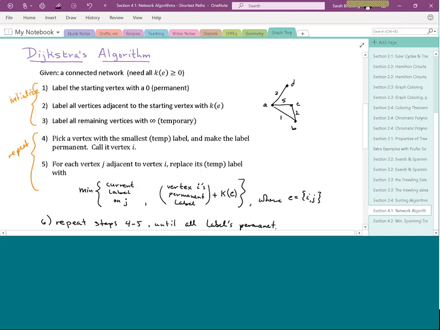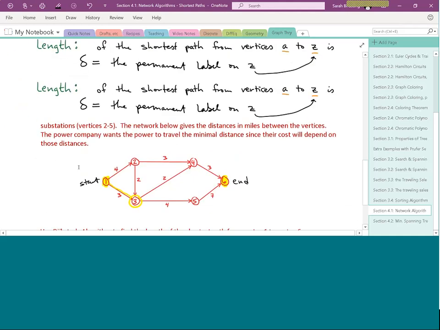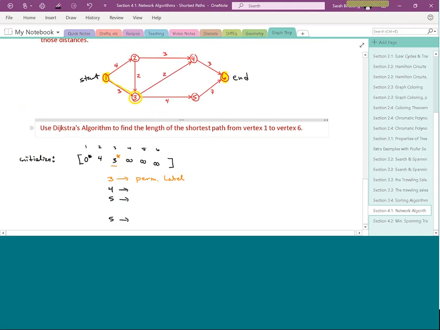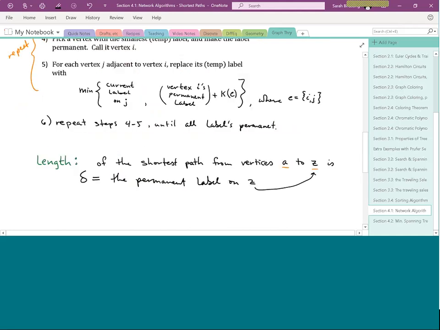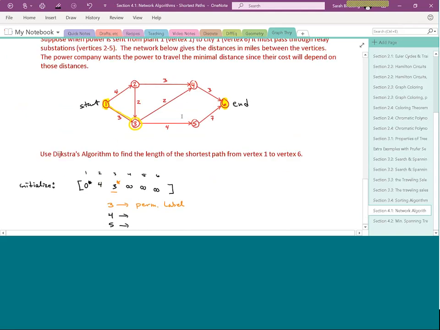So the next thing we're going to do is we're going to calculate the new label on vertices 4 and 5. So we're going to do this whole formula right here, which I'm sure there is a better way of writing it out, but I did it in words just to make it easier for you guys. All right. So if we look at vertices 4 and 5, you take their current label. So we're taking the minimum of their current label. Oh, I did not mean to have that be yellow. I guess technically it's not yellow, it's orange.